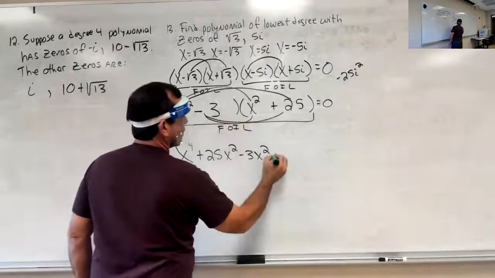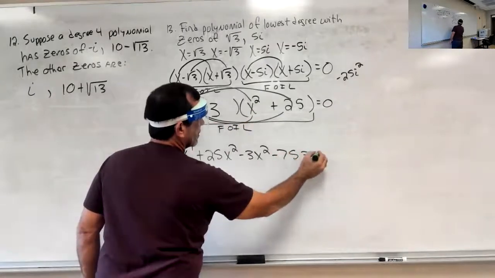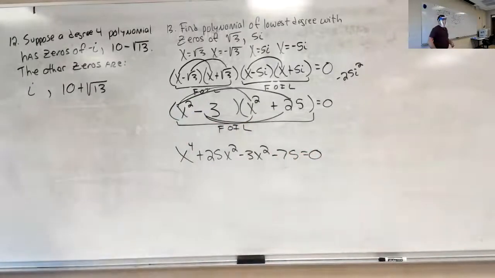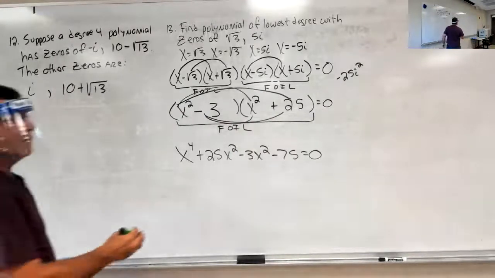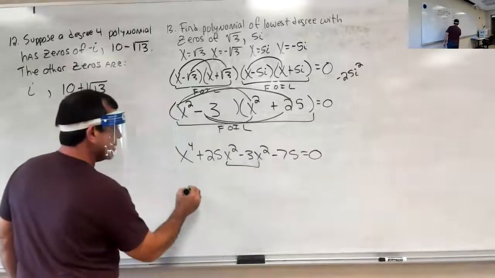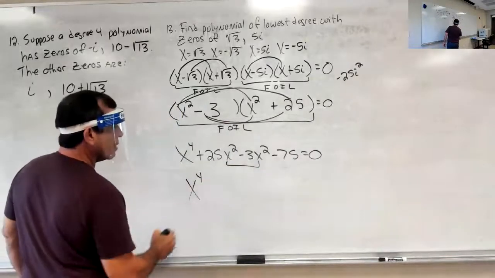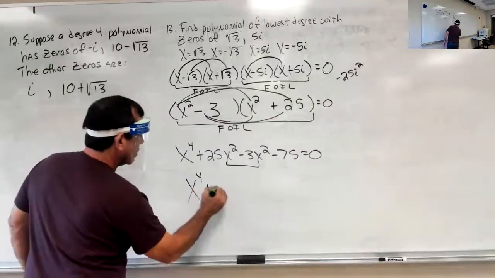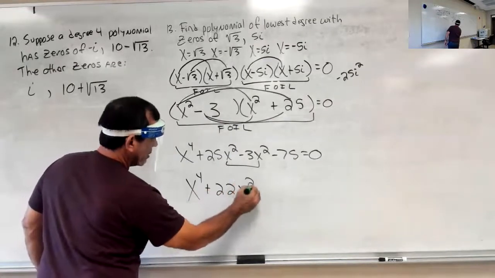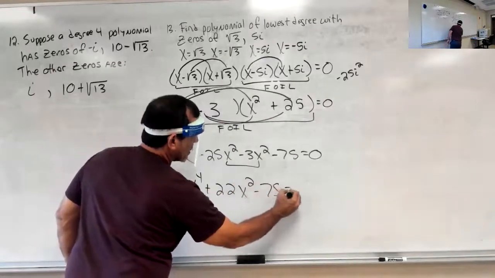Negative 3 times 25 is a negative 75. I got one more thing I can do to that. Those are right in the middle, right? So let's see, what's that going to give me? My x to the 4th, 22x squared, and then minus my 75.